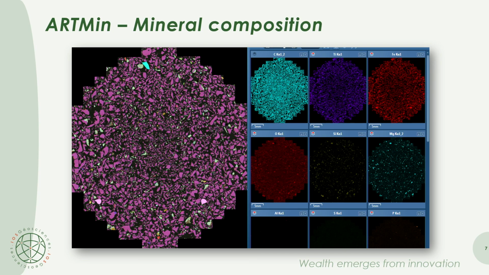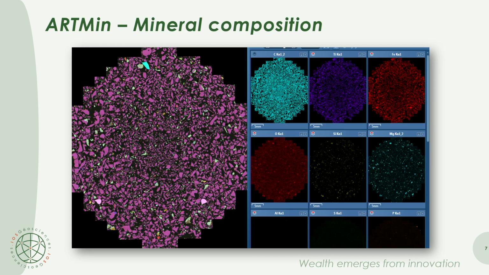The way it works, it scans, it's like a little puck. You get the chemistry of each pixel, and that's what you see there. You have the general map to the left, and then you have, is it potassium? No, it's carbon, titanium, iron.